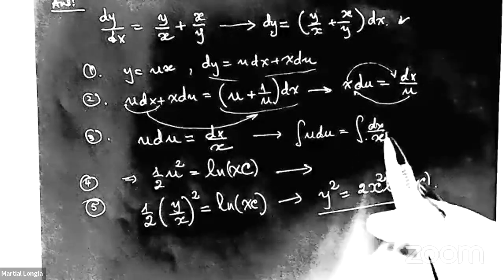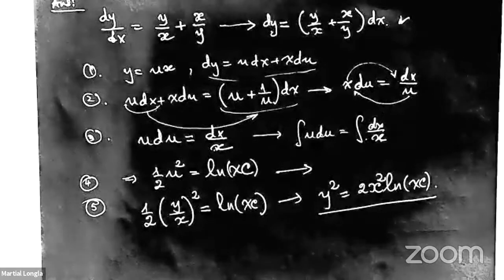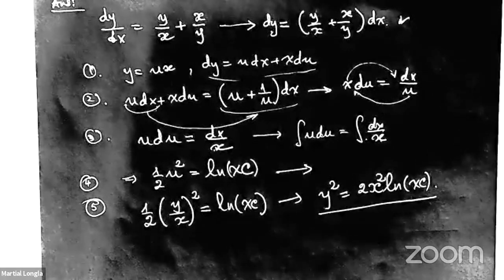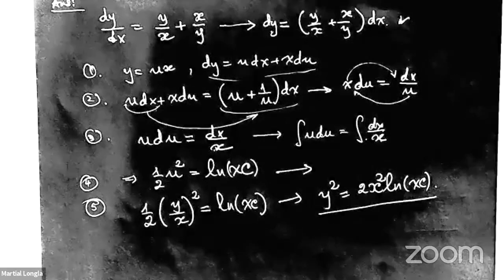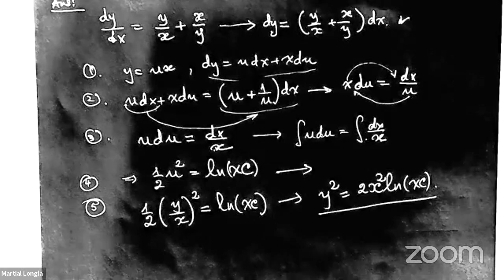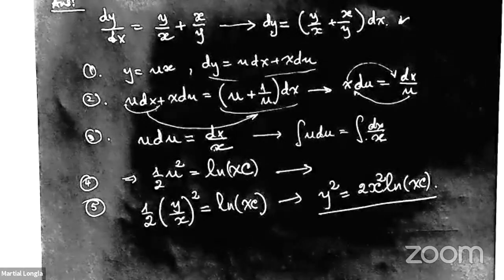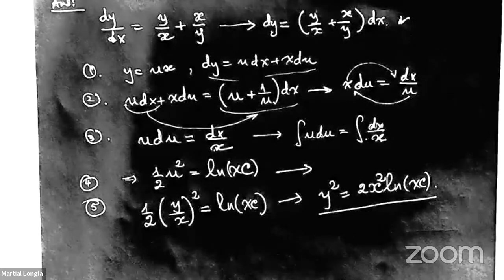No, we did. We divided here. But why shouldn't we worry? Is it because there was never a place where we canceled an x by dividing? Like we never had something like x squared over x cubed? Not really. Well, final answer, y squared equals 2x squared ln of xc.